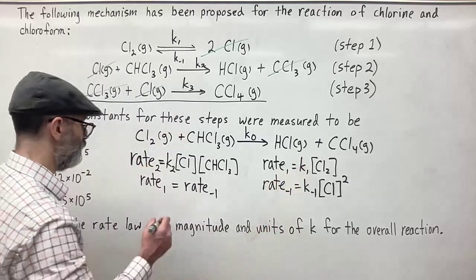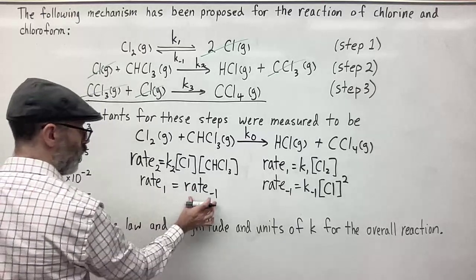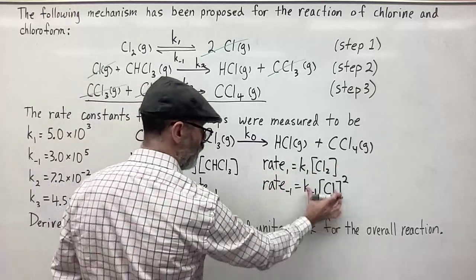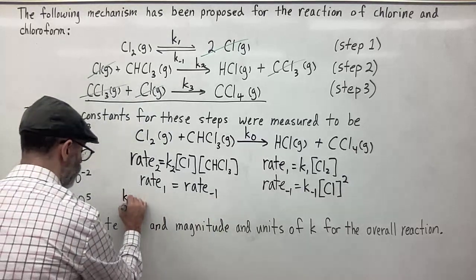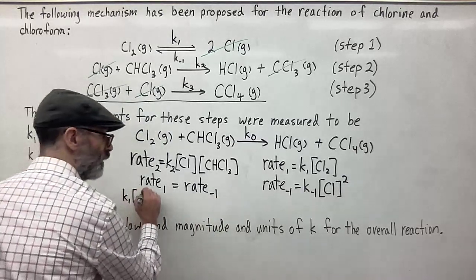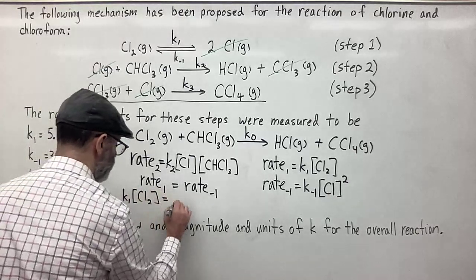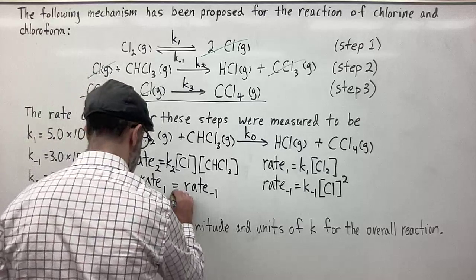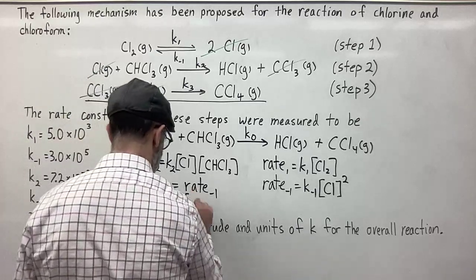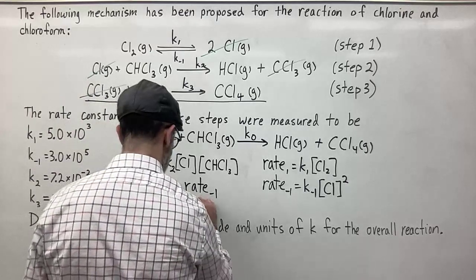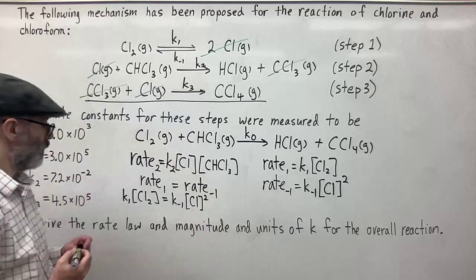So then we're going to replace rates 1 and negative 1 with these here. So that's going to be K1 times the concentration of Cl2 equals K negative 1 times the concentration of Cl raised to the second power.